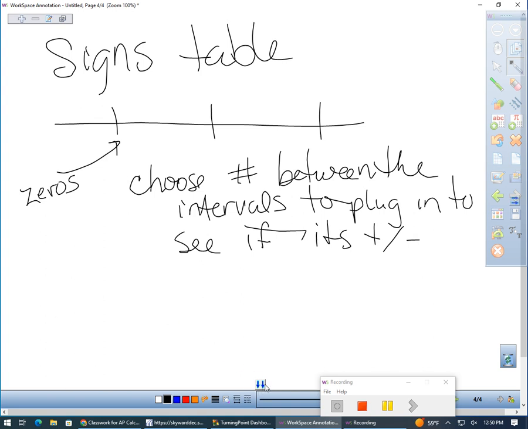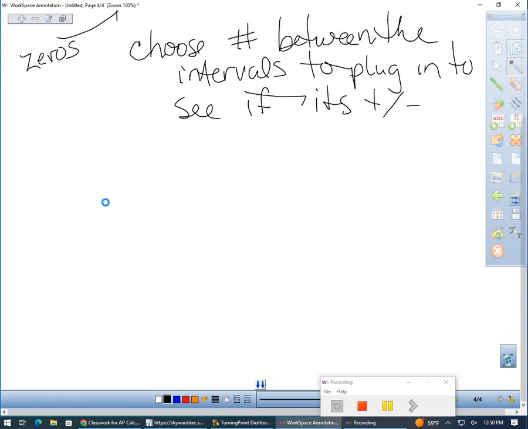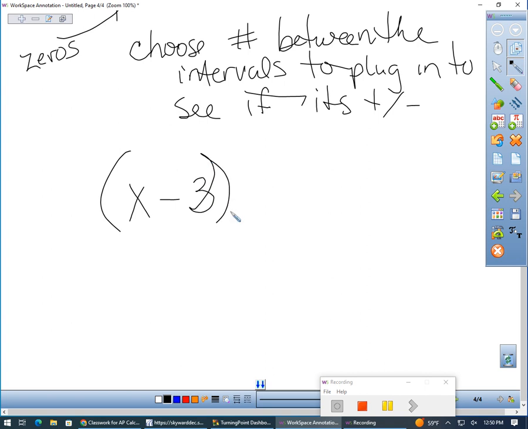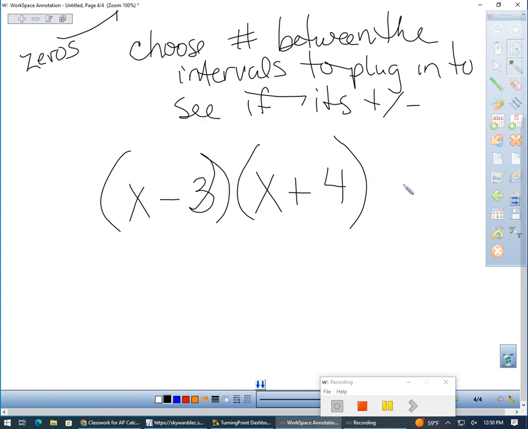So, for example, let's say I have x - 3 times x + 4, and I want to know where it's less than 0.